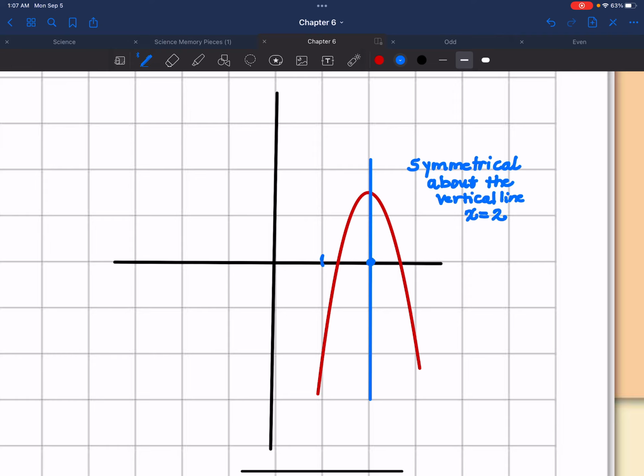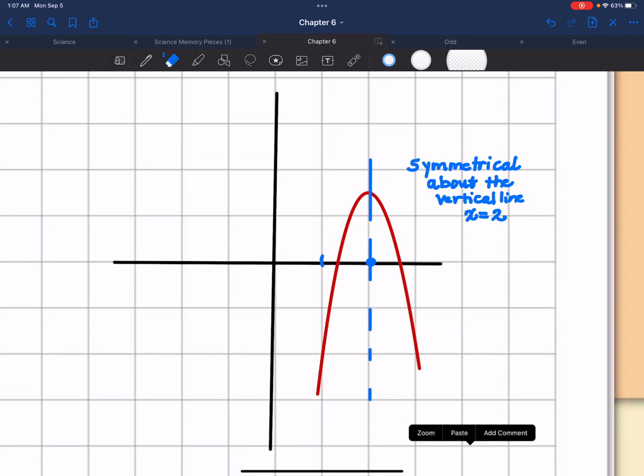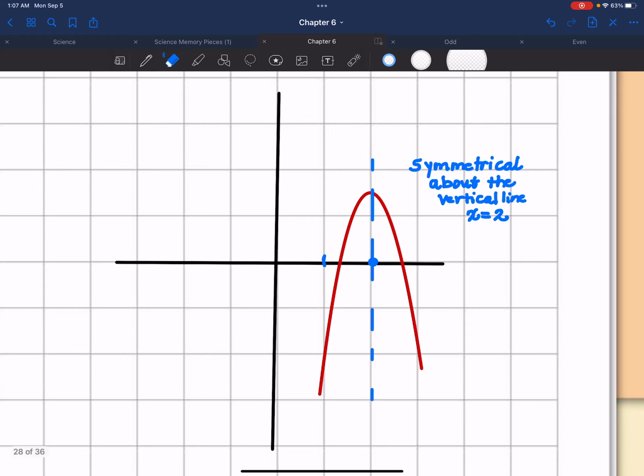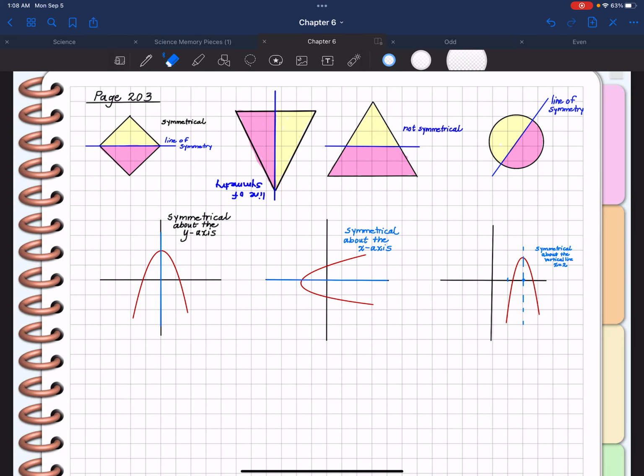Because if you go over 2 on the x-axis, you will find that vertical line. So even though that line is not part of the graph per se, whoops, didn't mean to do that. It's not really there, but it is. It's that line on the coordinate plane. So symmetry is something that can be oriented in any direction.